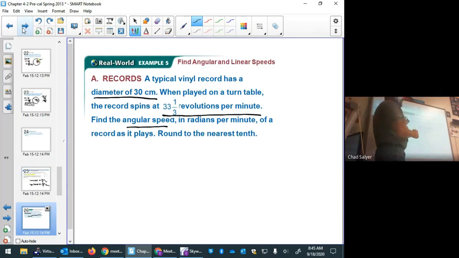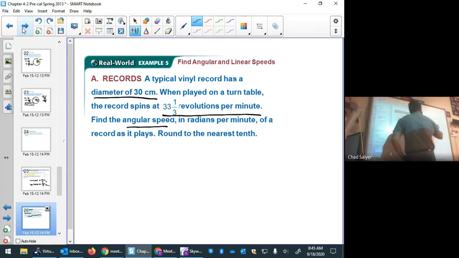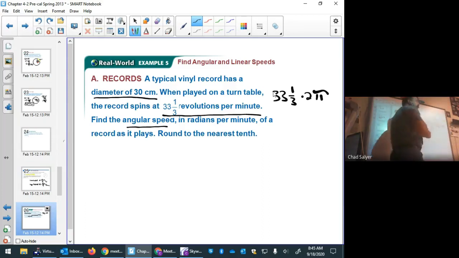So we don't need the diameter for this problem. This is a red herring, in other words, meant to distract. 33 1/3, we're going to multiply that by 2 pi to get the total theta. So this is going to be the angle swept out per minute. 33 1/3 times 2 pi.